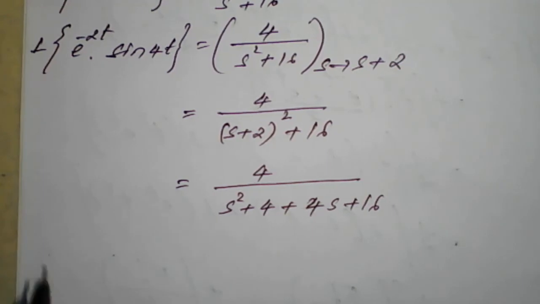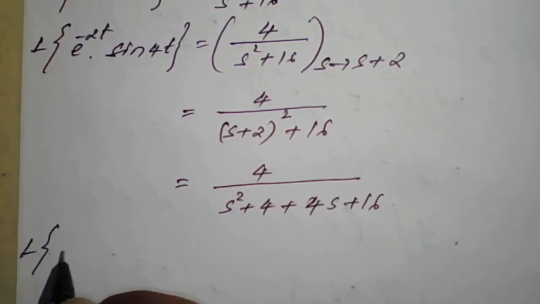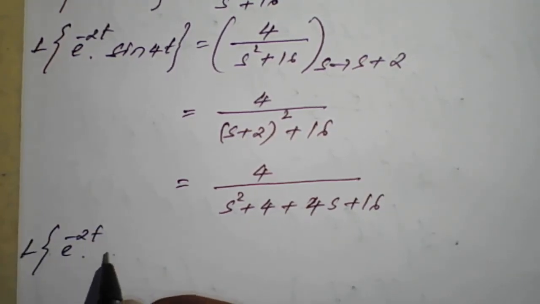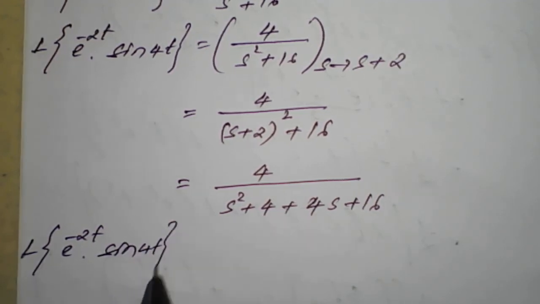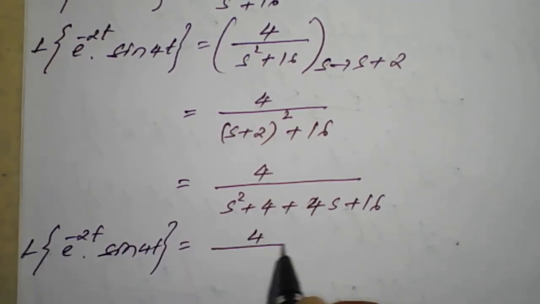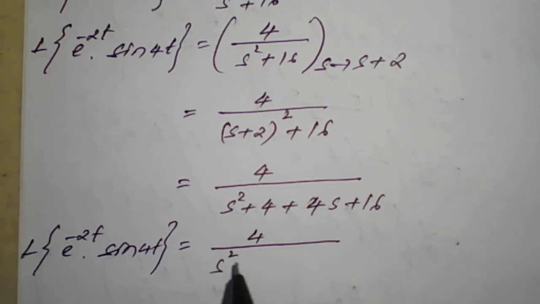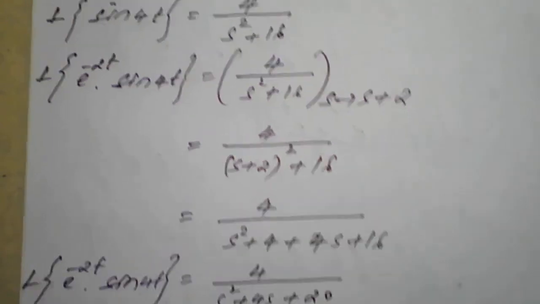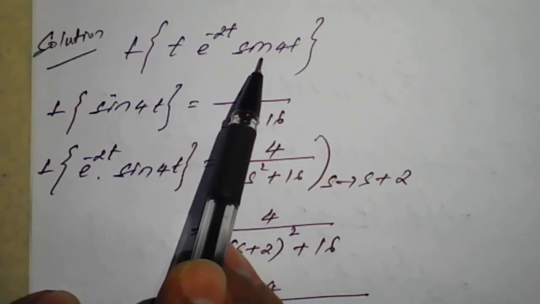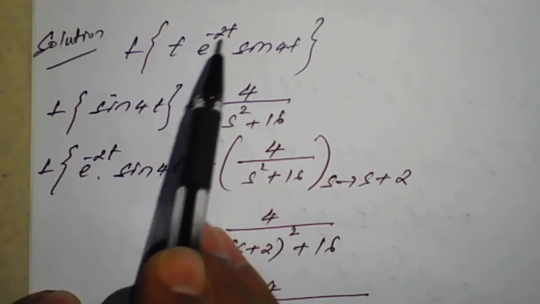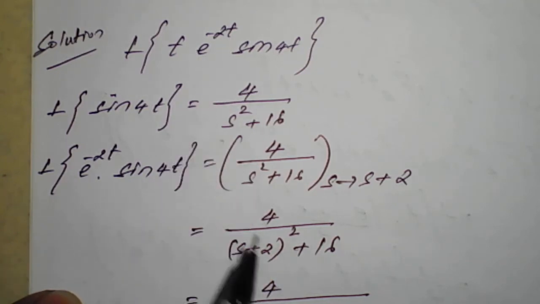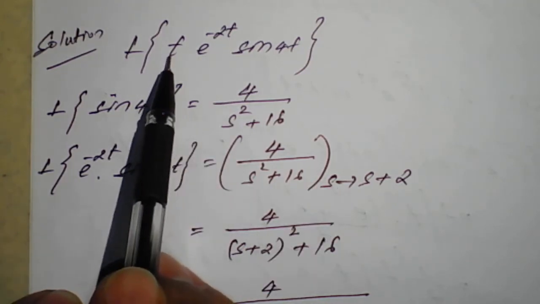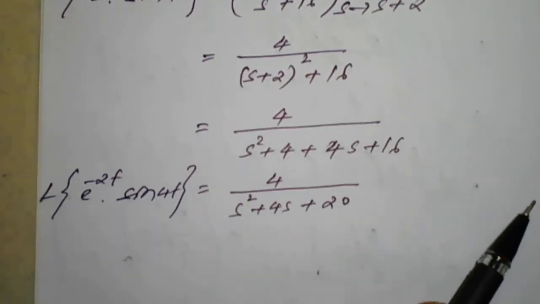Therefore the Laplace of e raised to minus 2t sine of 4t result will be 4 divided by s square plus 4s, and 4 plus 16 is 20. So we got this result. First we got the answer for sine 4t, then because of e raised to minus 2t we applied the first shifting property, and because of t we need to go for shifting property 2.